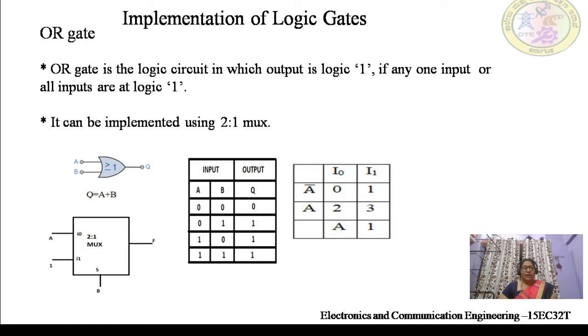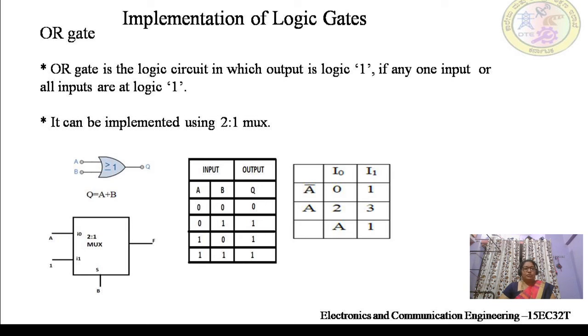OR, NOT and AND are the basic gates. NAND and NOR are the universal gates, and XOR and XNOR are the derived gates. Now these 7 gates can be implemented using a multiplexer.